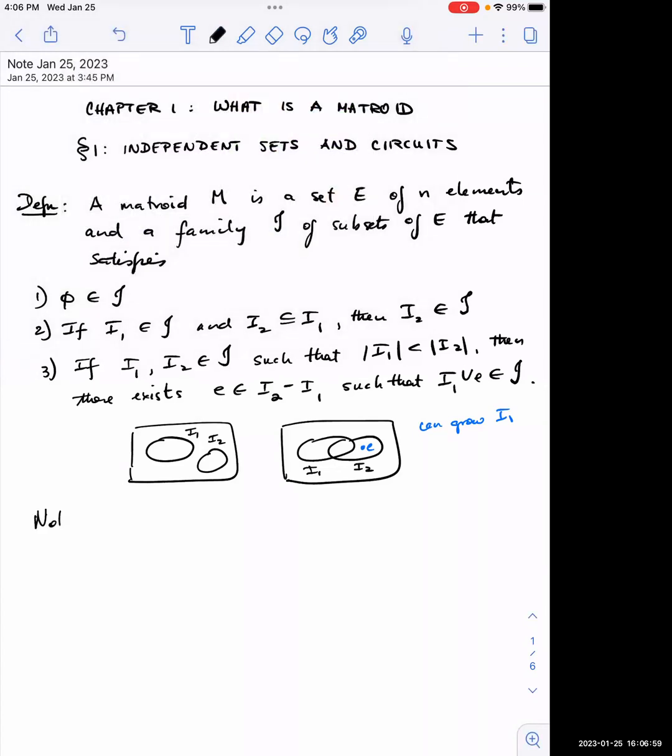So note, we write M in this manner. We say (E, I) to denote the matroid. And when the context is clear, it's just M. E is called the ground set.